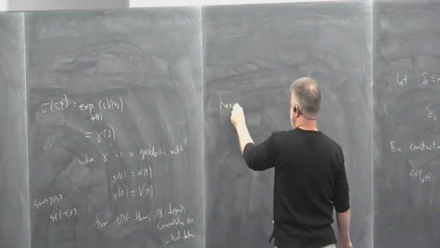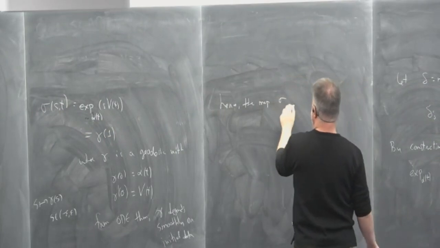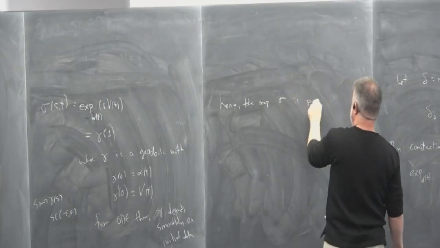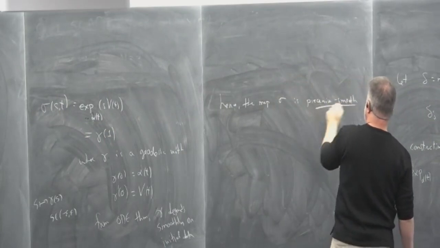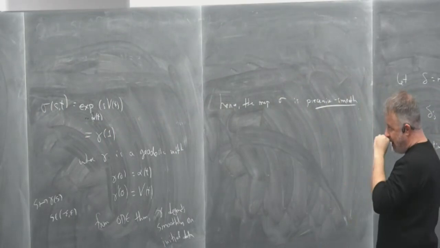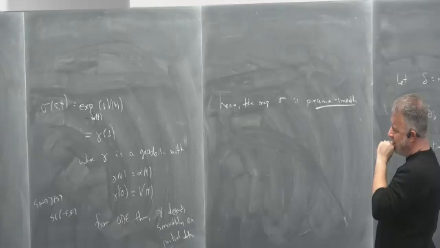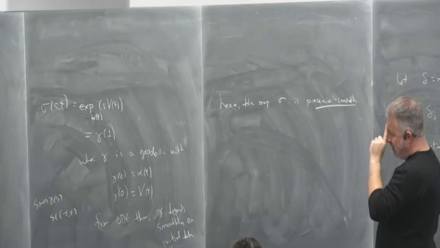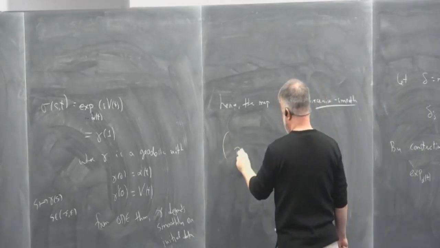Hence the map sigma is piecewise smooth. And I know there's a problem here because this map is not well defined at the t_k's. So I have to think about what's going on here, and it's not immediately obvious to me. Maybe my variations also jump at the t_k's. So there's a gap here.